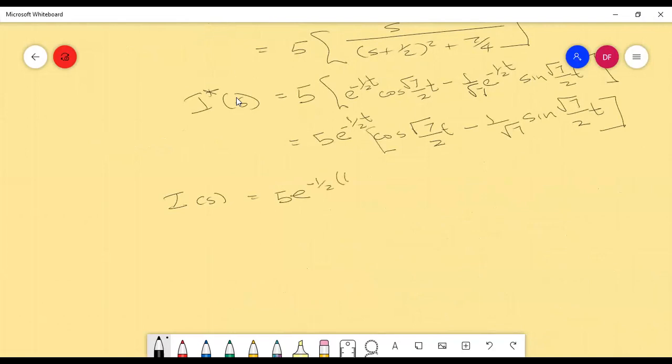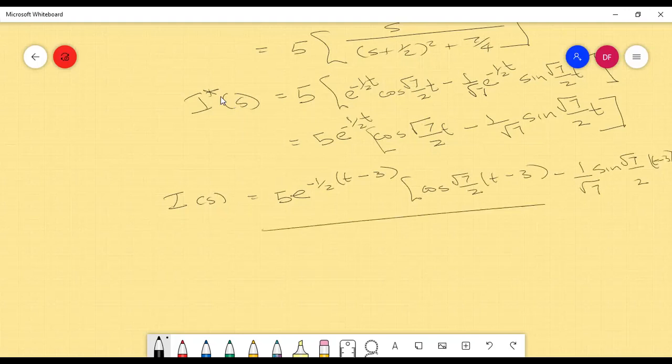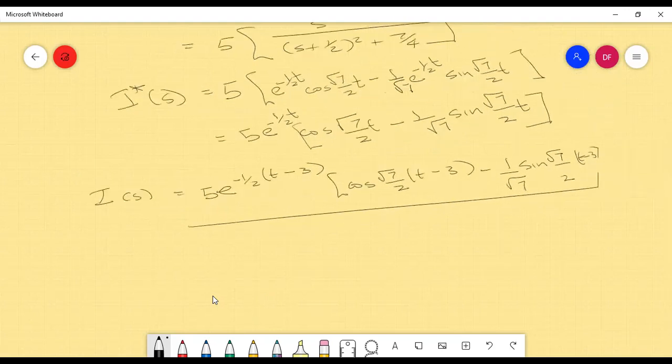Instead of t, we're going to write t minus 3, cosine root 7 upon 2, where it is t we write t minus 3, minus 1 upon root 7, sine root 7 over 2 times t minus 3. So that is our solution here.